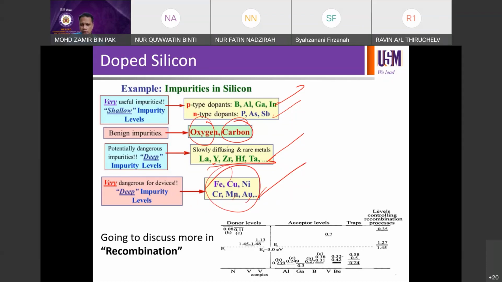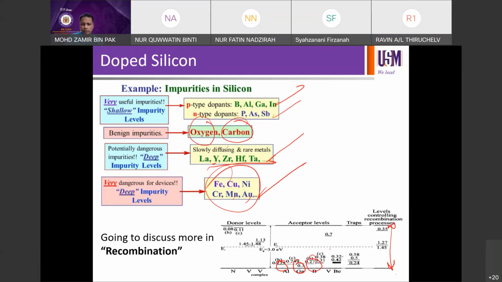So let's see where the energy states of these materials are in the band gap. So these are the band gaps. If you're talking about the band gap, then let's have a look. You have different materials sitting here. Okay, for example, aluminum is here, gallium is here, boron is here.